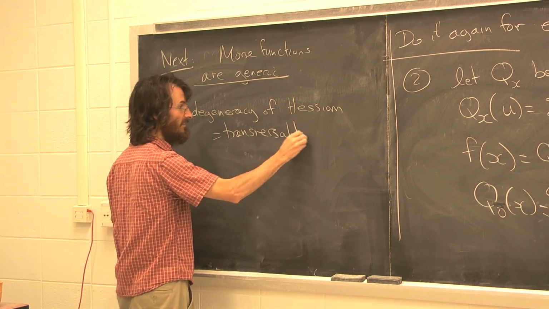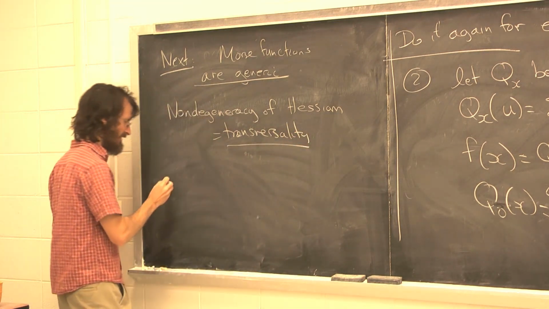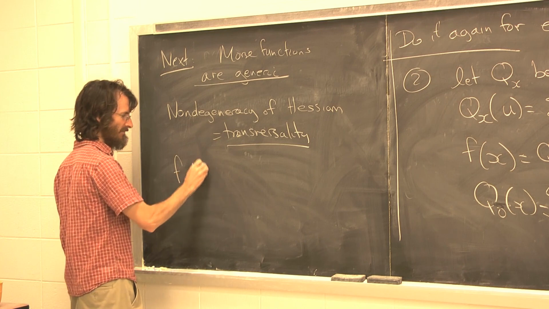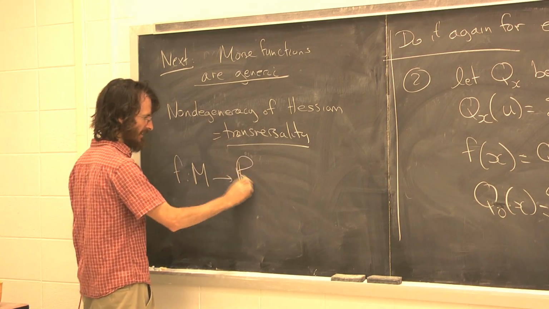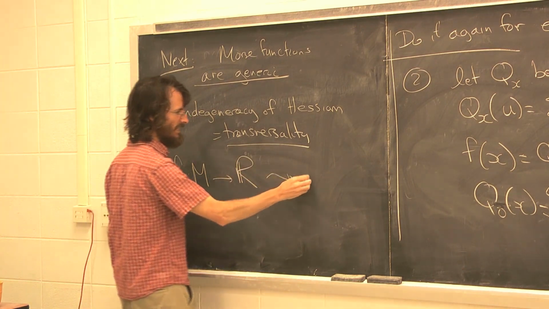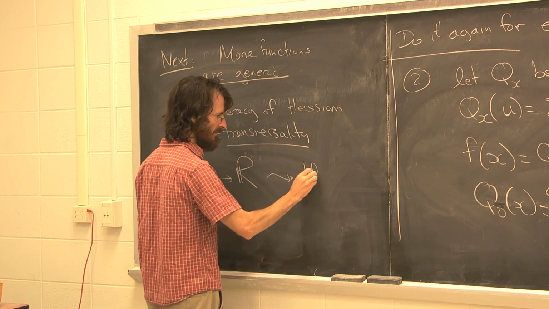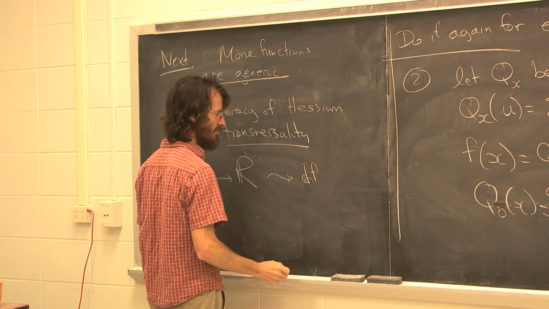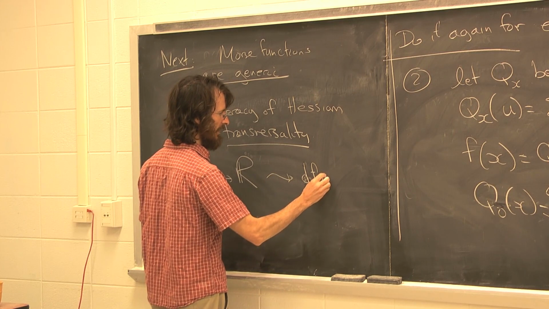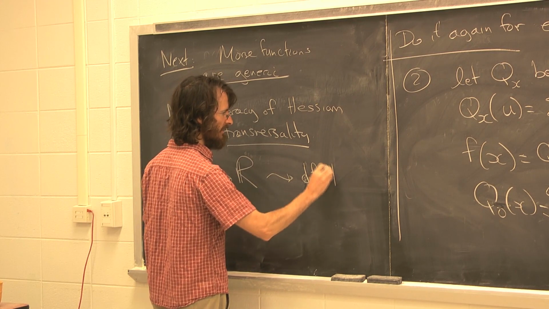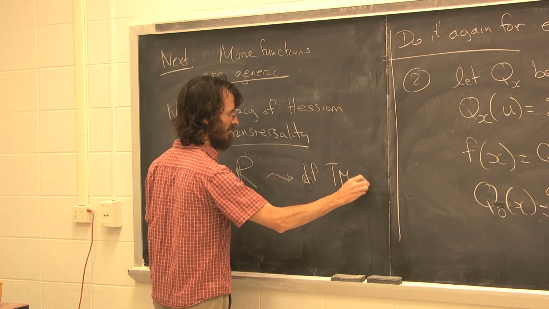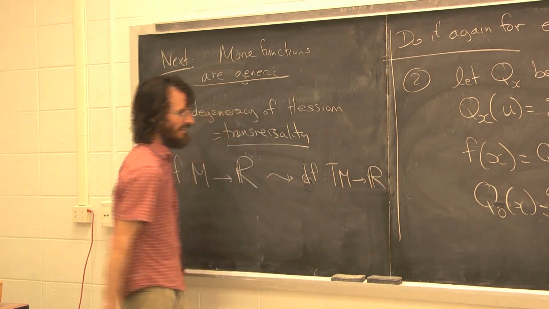The transversality is: you start with f from M to R, and that gives you df. And df is a one form, right? And so df is a function from the tangent space of M to R. You can think of it that way.